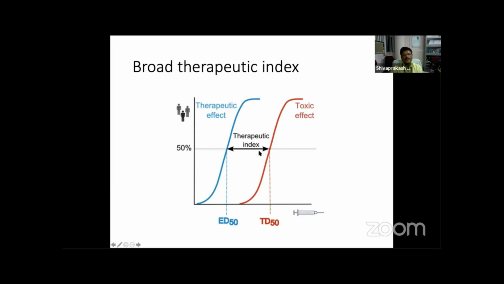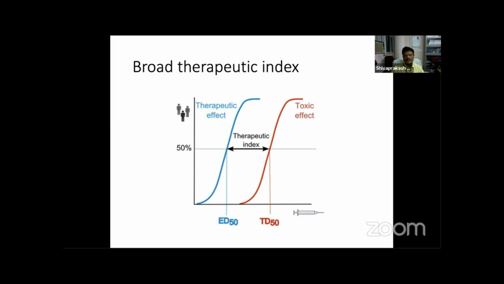The distance between the effective dose and the toxic dose, ED50 and TD50, is the therapeutic index, and this is very important to understand. Some drugs have a very large therapeutic index, so you can play with the dose, slightly reducing or increasing it depending on the plasma concentration.